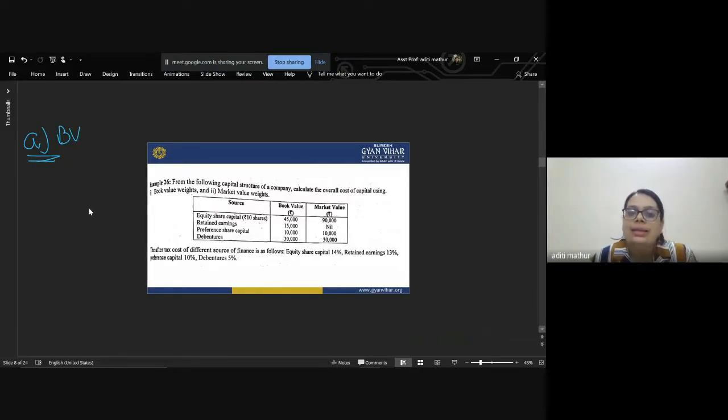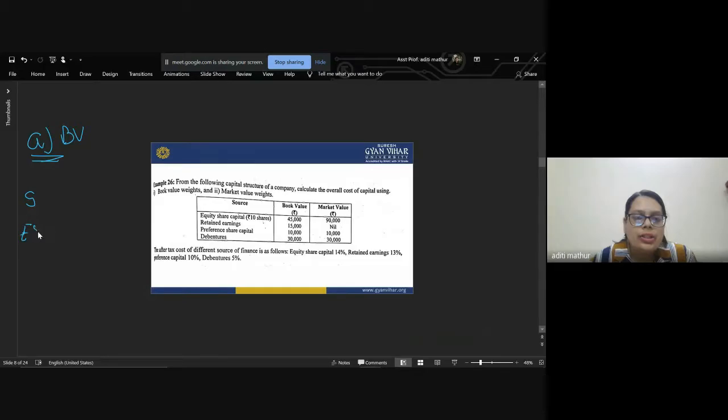So again, the same proforma, that is your sources: equity share capital, retained earnings, preference share capital, and your debentures.